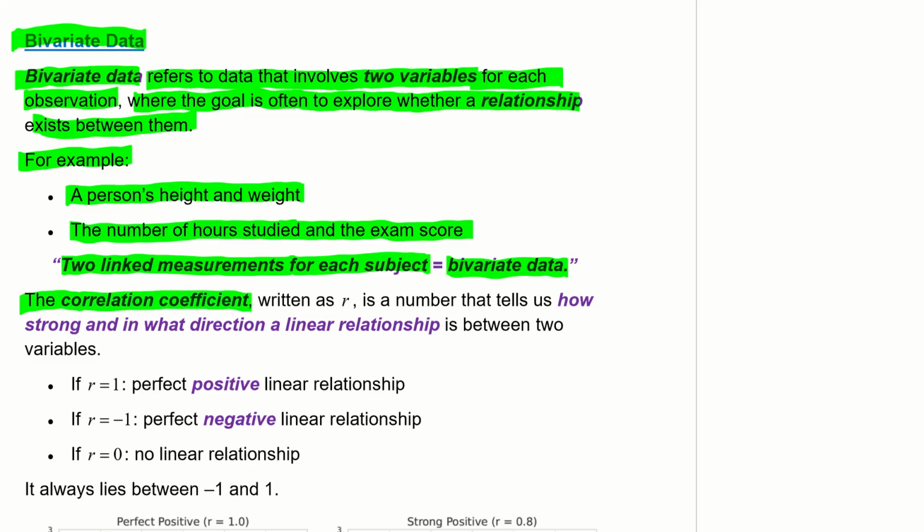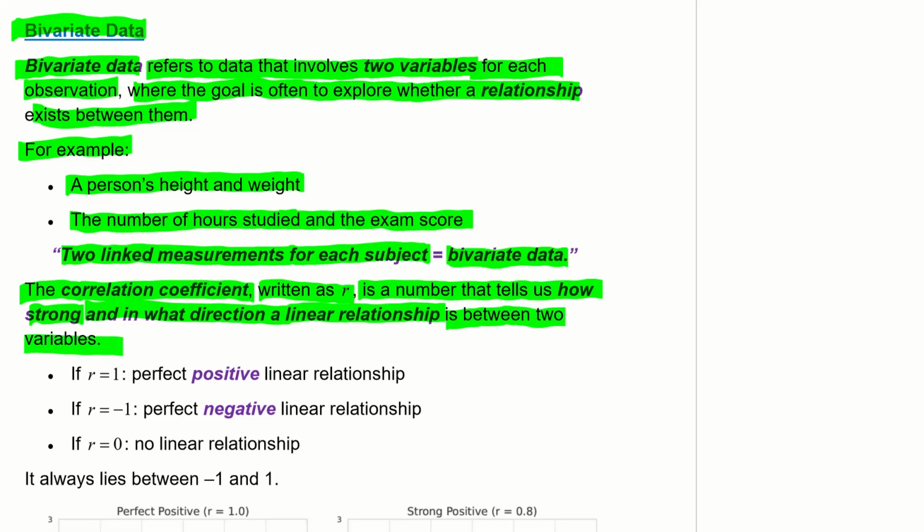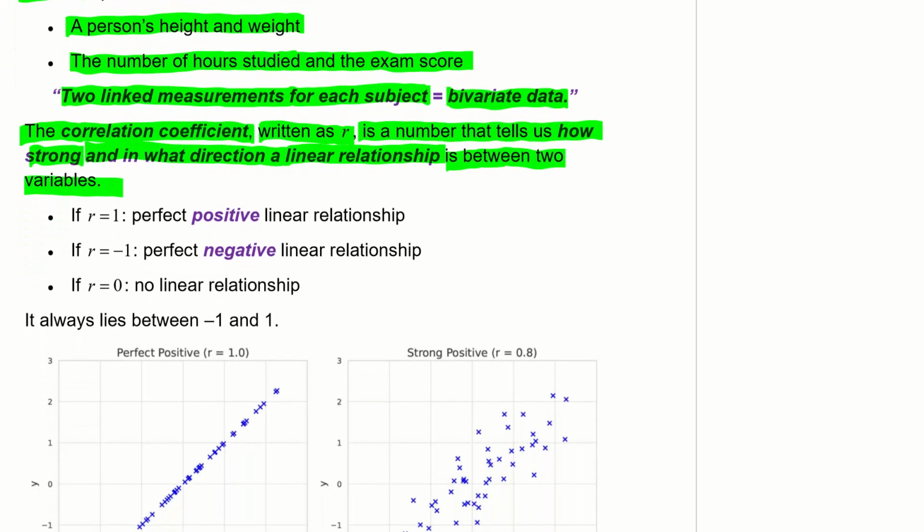The correlation coefficient, written as R, is a number that tells us how strong and in what direction a linear relationship is between two variables. If R is equal to 1, we have a perfect positive linear relationship.